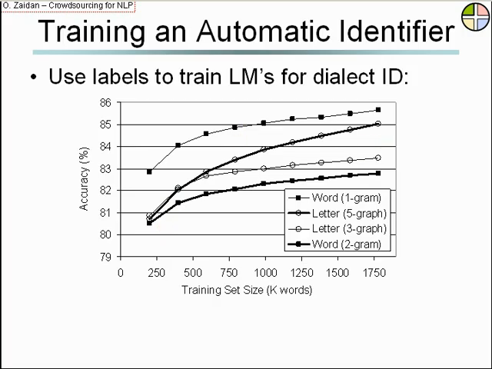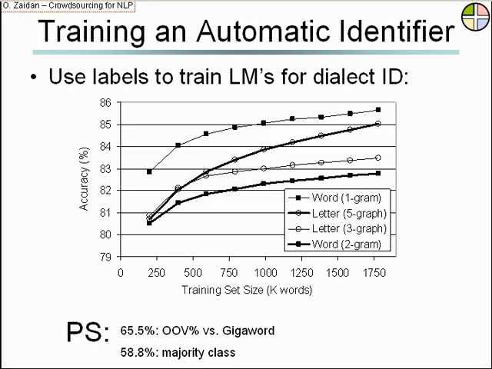The rate is especially good when compared to a method that does not use any dialectal data. The majority class here is MSA, so the baseline is about 60%. And there is a method that relies on the Gigaword corpus, which is MSA, and it basically decides whether a sentence is dialectal or not based on how large the OOV percentage is.